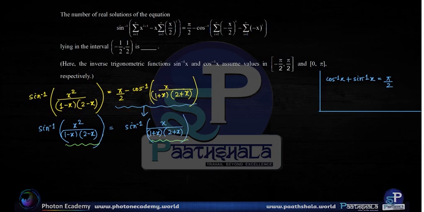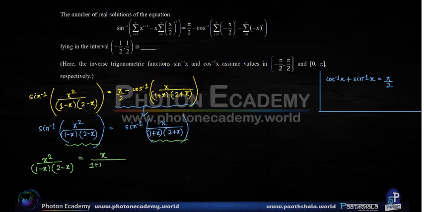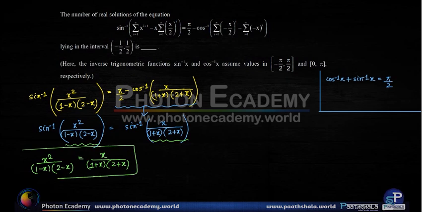Then we get x square divided by 1 minus x into 2 minus x is equal to x divided by 1 plus x into 2 plus x. We write this equation as equation 1.